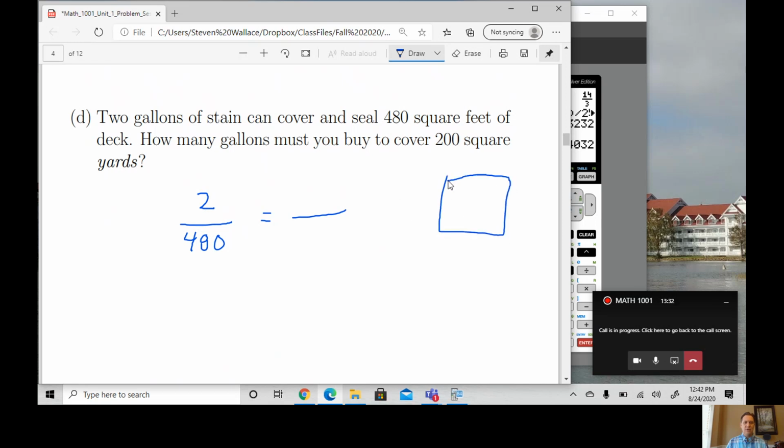Well, a yard is three feet. So if I do 3 feet this way, 3 feet this way, that's really, so that's a square yard, right? 1 square yard is equal to 9 square feet, right? Each of these is a foot.